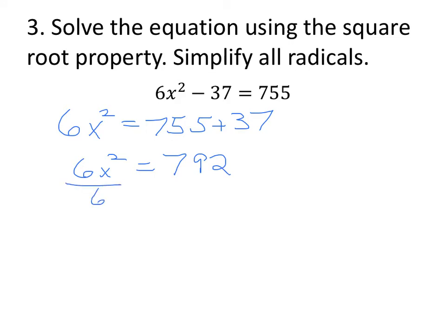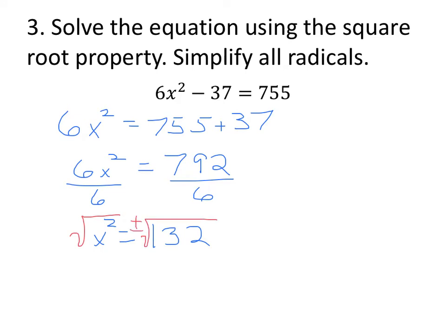Divide both sides by 6 to isolate the x, and we get x squared equals 132. So now we apply our square root property. So the square root of x squared is plus or minus the square root of 132.